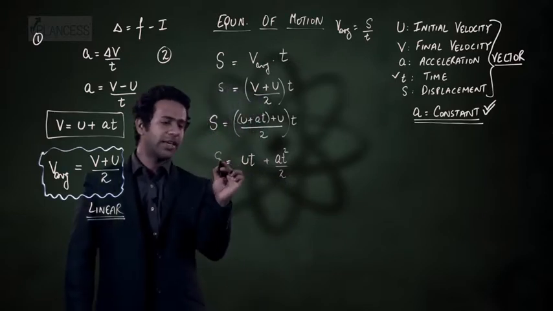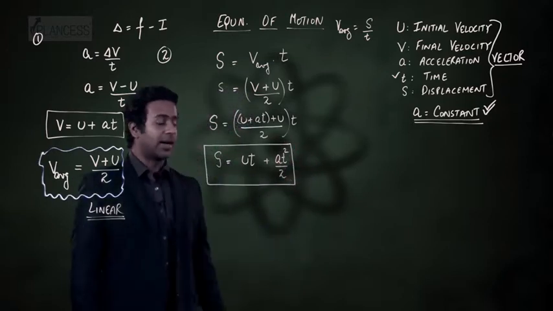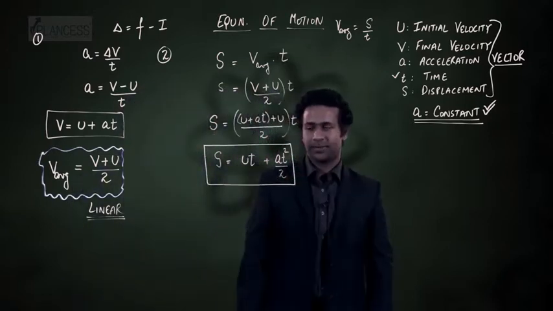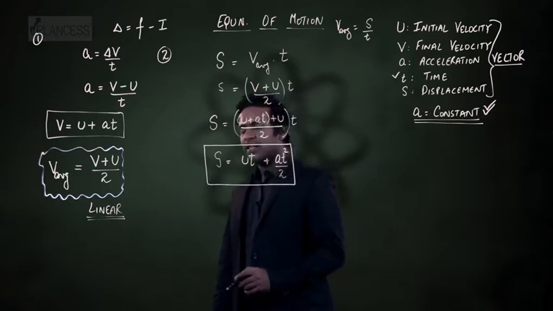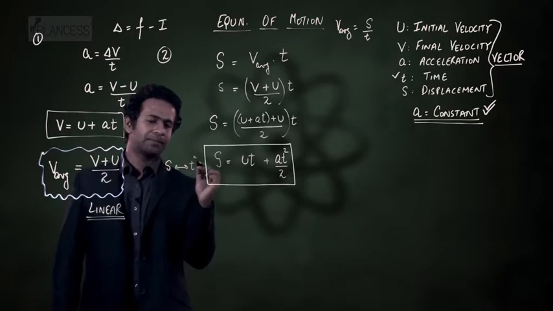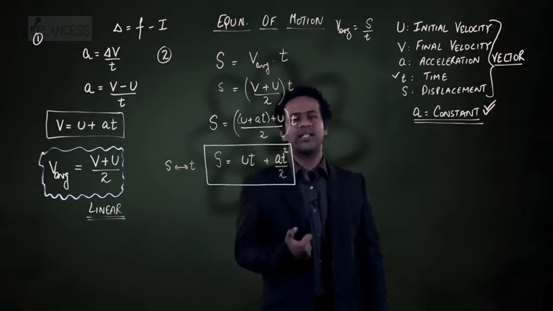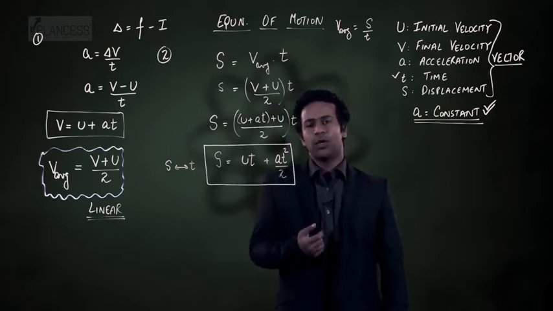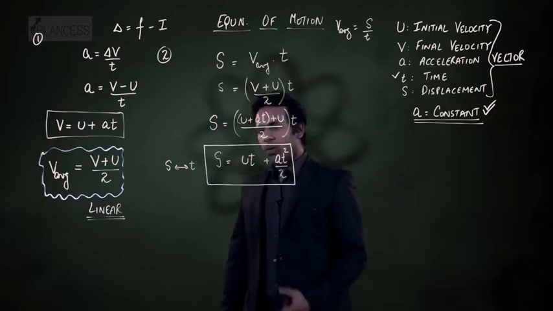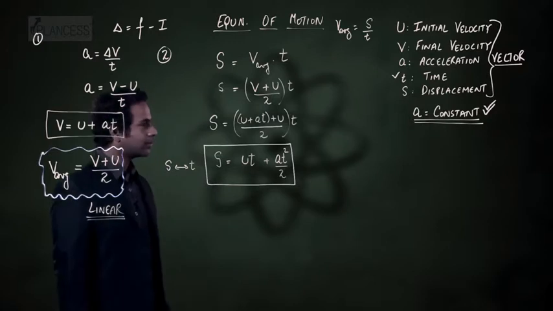So this gives us the second equation of motion, that is, s is equal to ut plus half at square. So the second equation relates displacement with time. It does so through u and a, but basically this equation is used whenever you want to find displacement and you know the time. We will understand these better when we do a few illustrations.